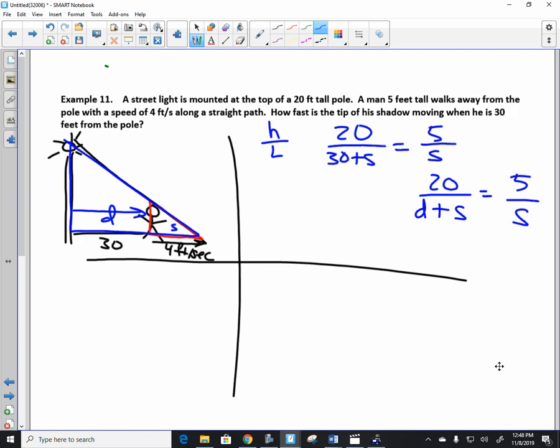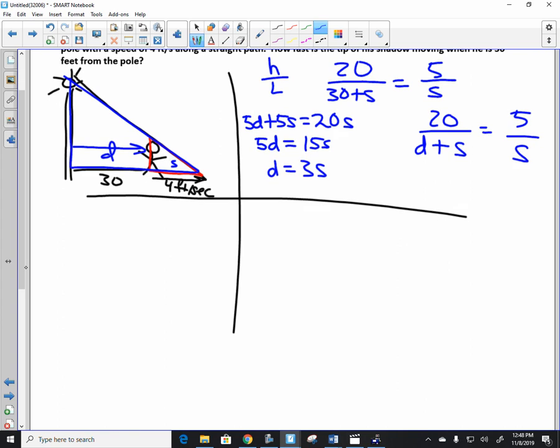We still cross multiply. 5D plus 5S is equal to 20S, or 5D is equal to 15S. So D is equal to 3S. We have a formula. It's pretty simple. We need to come up with some rates.